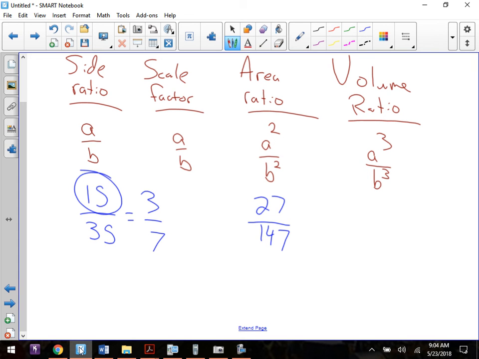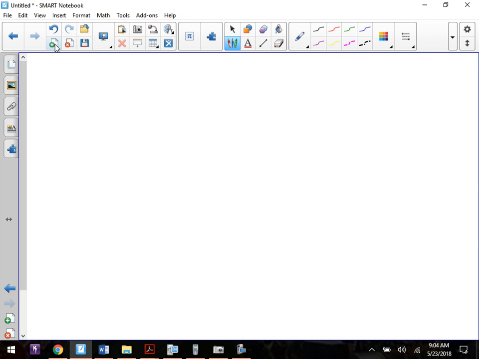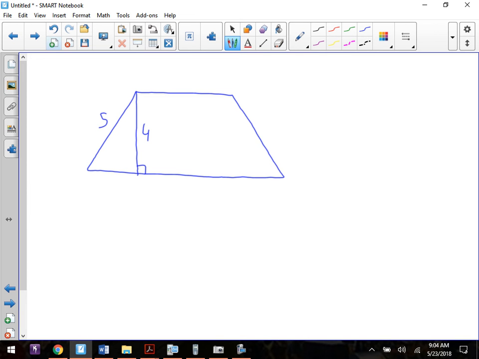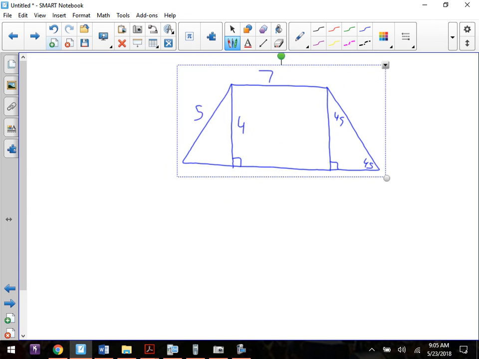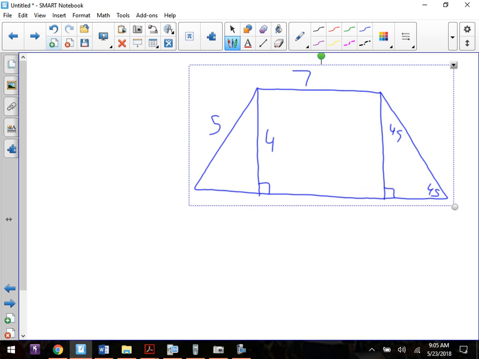So, chapter 10, one of the problems that we had to start with in the chapter 10 test was to find the area of this. And this was number 2 on your chapter 10 test.